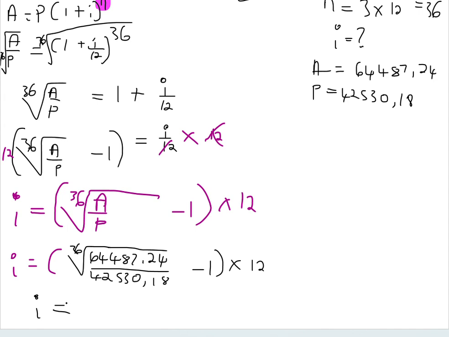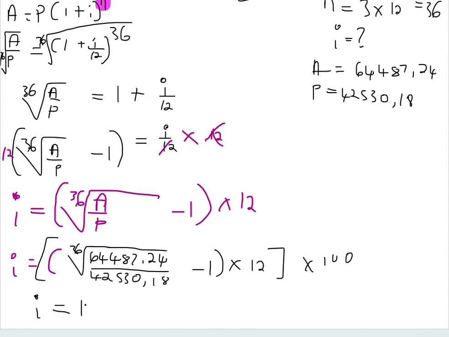So the answer for this is 0.1395. But because we know that interest rate is a percentage, what you can do immediately after that is multiply everything by 100 to get this as a percentage. So now let's see, if we multiply by 100, the answer in 2 decimal places is 13.96.